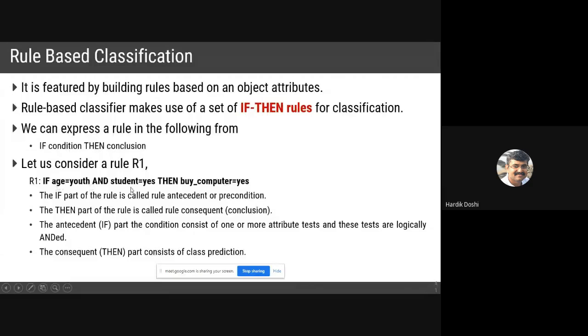We are learning how this rule is written. It is termed as a logical condition. So your age is the first attribute, student is the second attribute, which are logically ANDed over here. In the same way we can have ORing also.